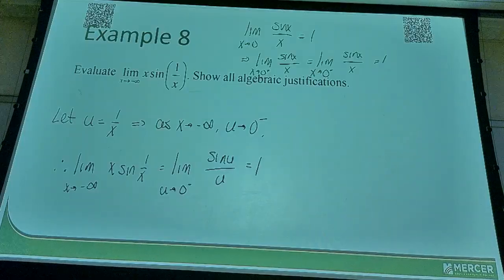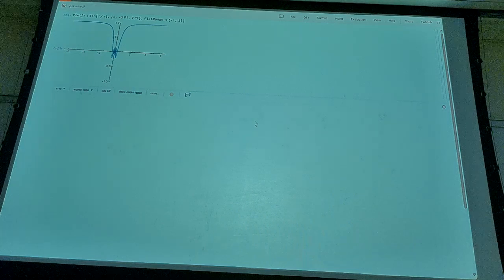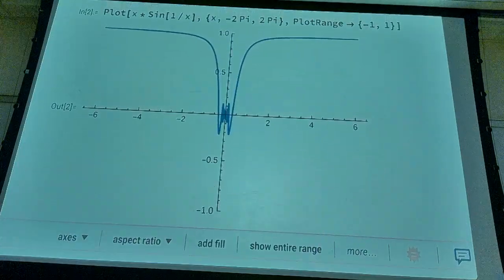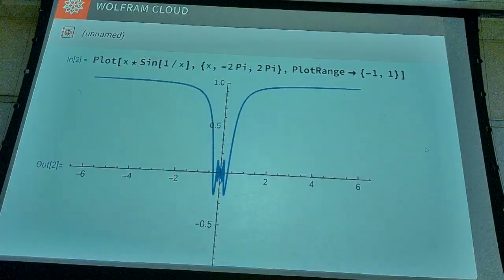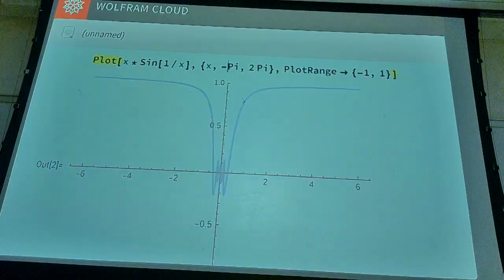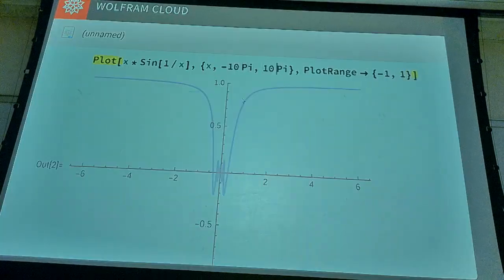We'll show this. So that is from negative 2 pi to 2 pi. What happens is I expand this out.